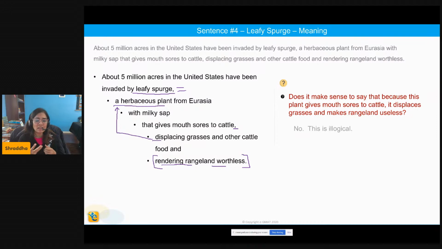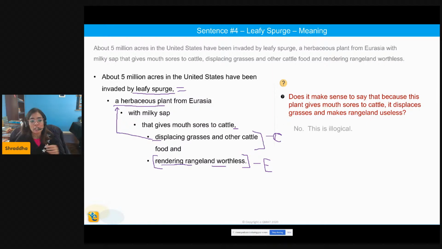So why would cattle, knowing that eating this particular vegetation gives them mouth sores, go and eat in those grazing grounds where the grass and cattle food have been displaced by leafy spurge? So really, this is the effect, and the cause of this action is this piece of information over here.